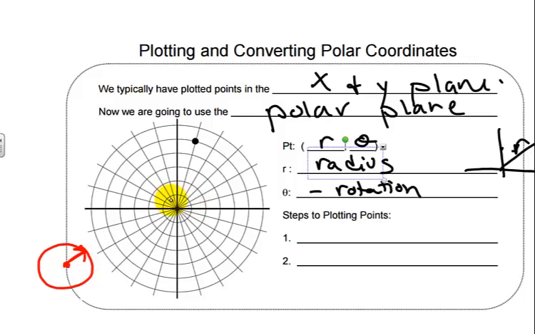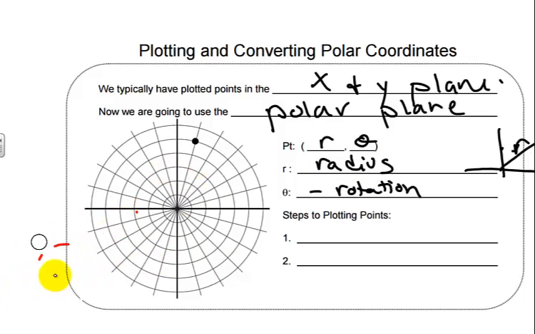So if you look on the polar plane, we have a circle here. That would be a radius of 1 unit. We have a circle here. That would be a radius of 2 units. 3 units, and so on. So what we're doing is we're only going to plot one point rather than an entire line.